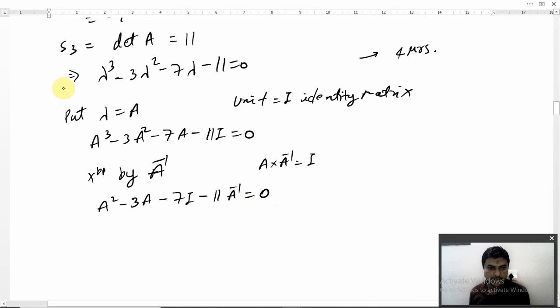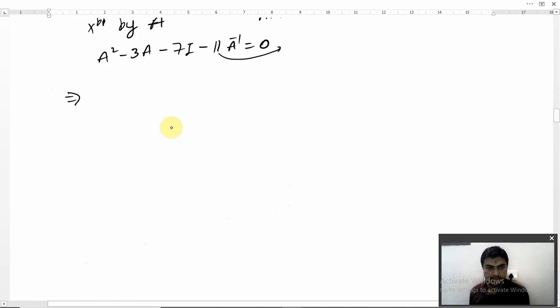So that implies, I want A inverse, so minus 11 A inverse, I will bring it to this side, so that will give you the equation 11 A inverse is equal to A square minus 3A minus 7I.